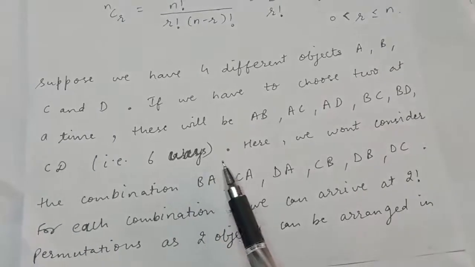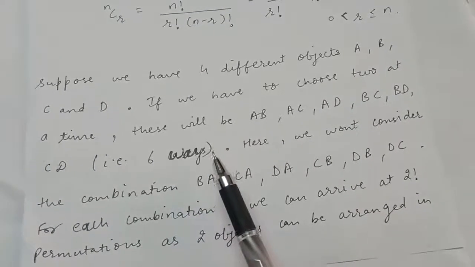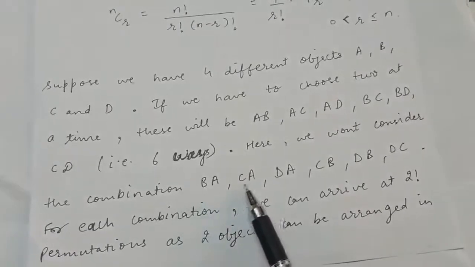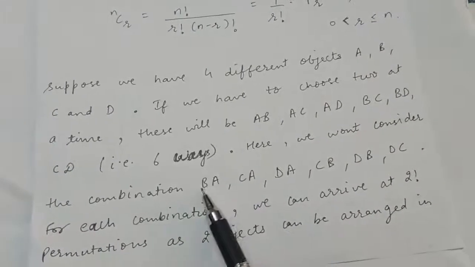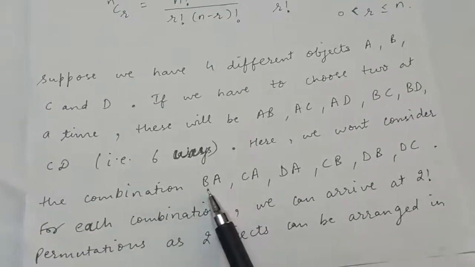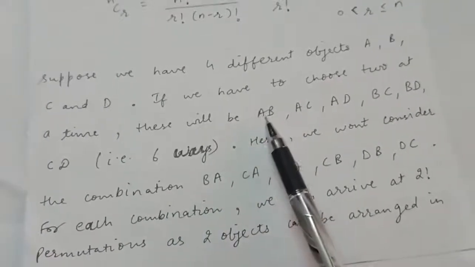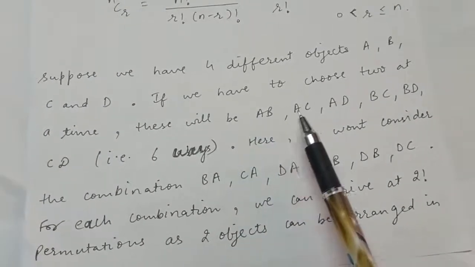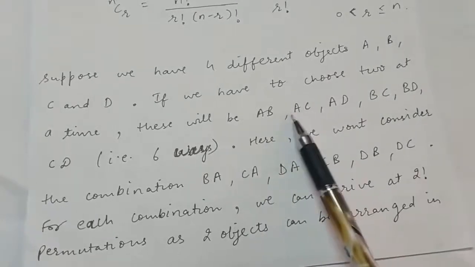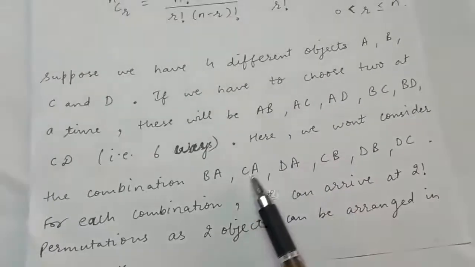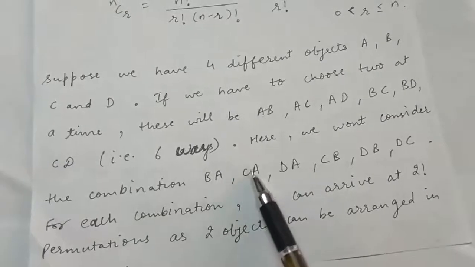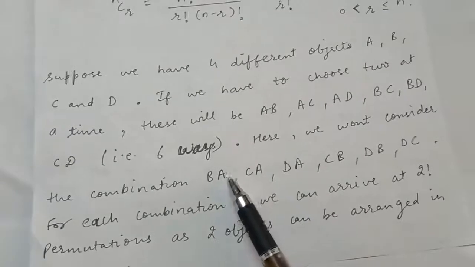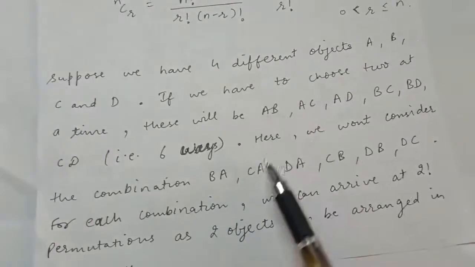Now see here, because we are just selecting the 2 objects, we will not contain BA, we will not contain CA. Why? Because BA means that we have selected the objects B and A, and AB also means that we have selected the objects A and B, right? Similarly, AC means that we have selected the objects A and C. CA also means that we have selected the objects C and A. So there is no difference in these two in combination.